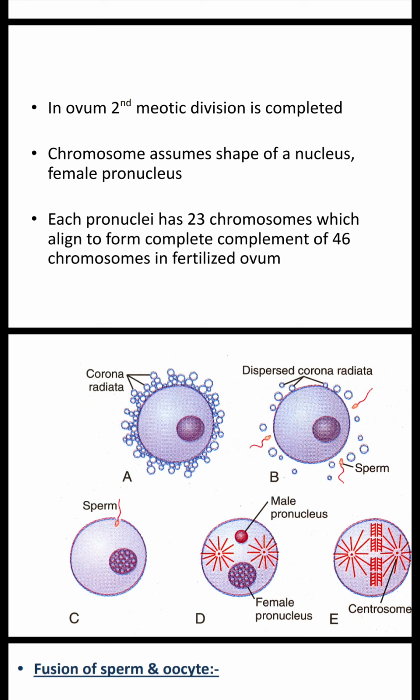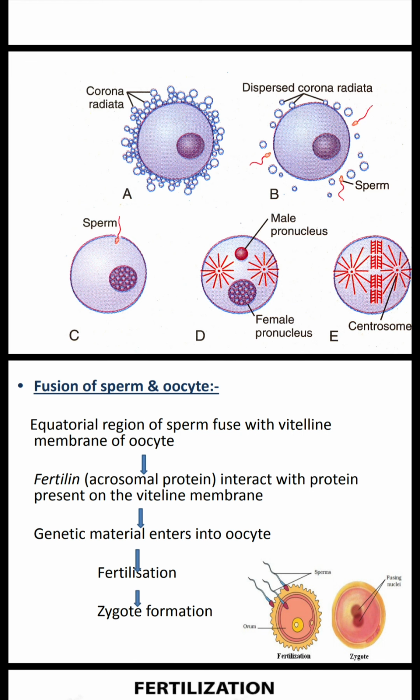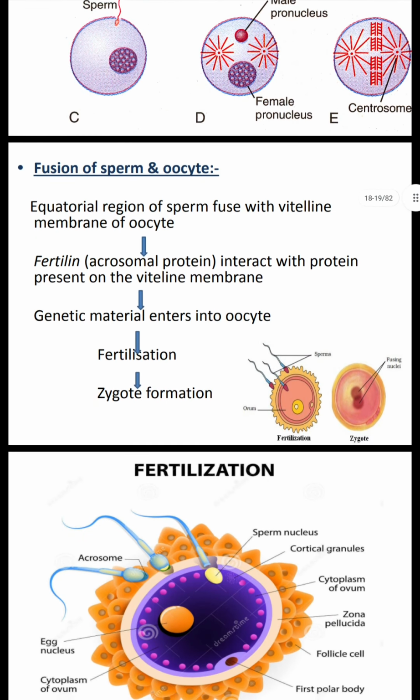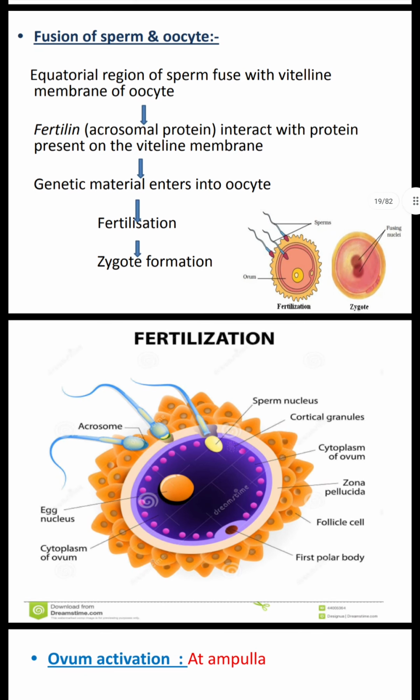Okay, so this is the overall view: when the sperm is entering, the corona radiata will be dispersed, and when the sperm enters the cytoplasm, the male pronucleus and female pronucleus form. After this, the fusion of sperm and the oocyte happens.